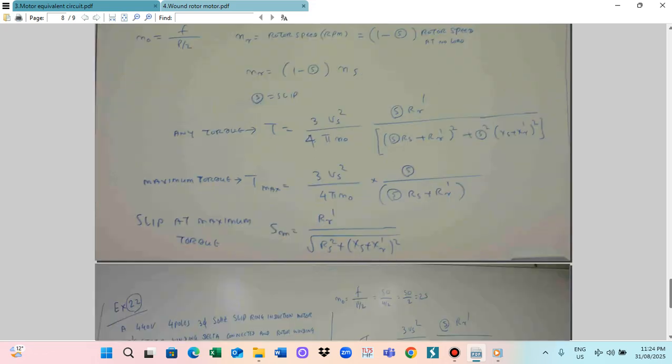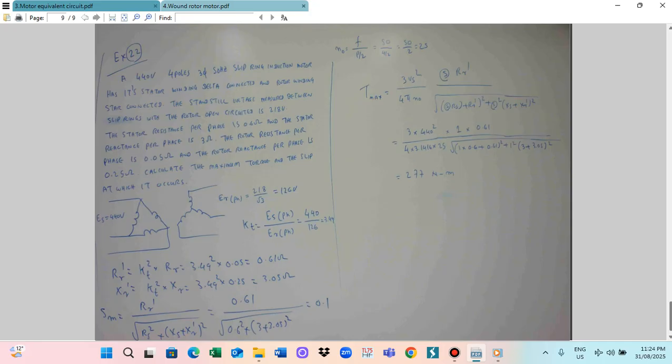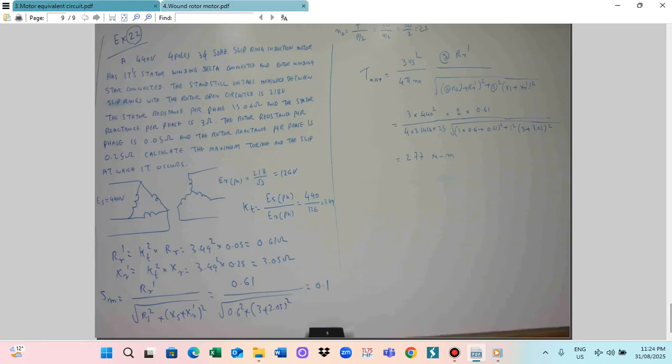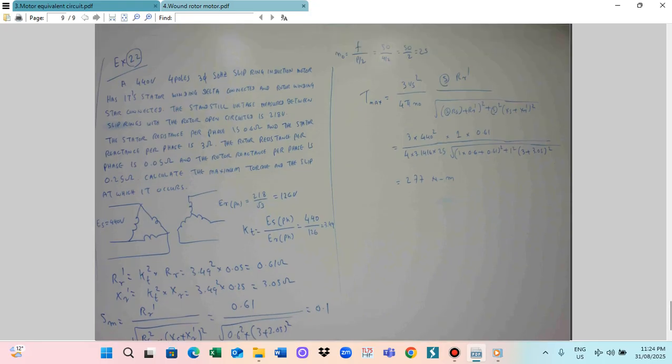Okay, this one is a 440 volt, 4-pole, 3-phase, 50 hertz slip ring induction motor. Stator winding delta connected, rotor winding star connected. So this is the stator winding here, delta, so then we get 440 volt. Here is 440 volt.